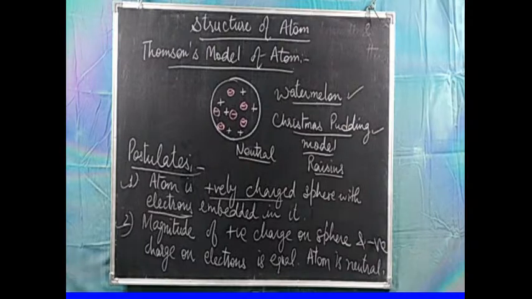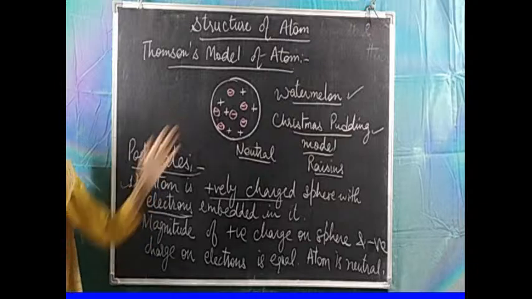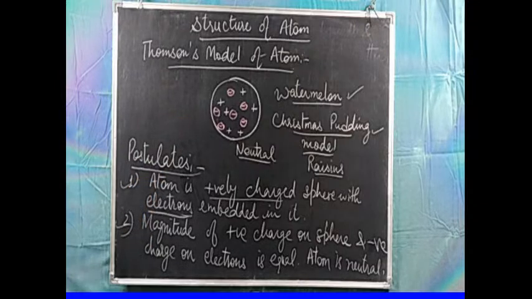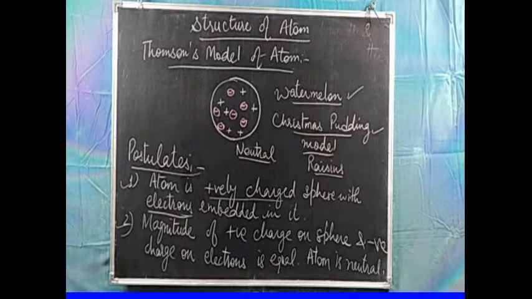There were a few drawbacks of Thomson's model also. It is not so correct, and it was not accepted by the scientists who experimented later on. Thomson's model was rejected. And what was the drawback? What led to its failure?